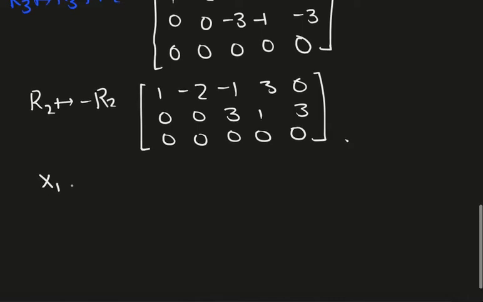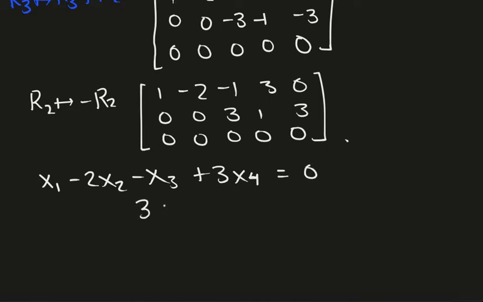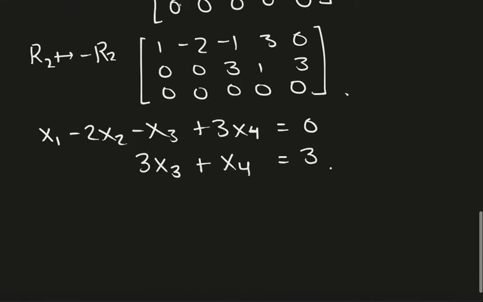What this says is that x1 minus 2x2 minus x3 plus 3x4 equals 0, and 3x3 plus x4 equals 3. This row of zeros essentially says that the third equation didn't tell us anything, so no new information from the perspective of linear algebra.